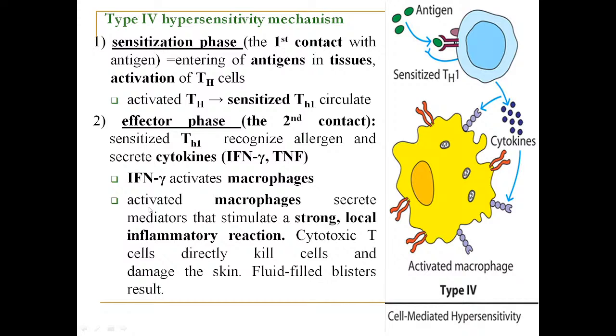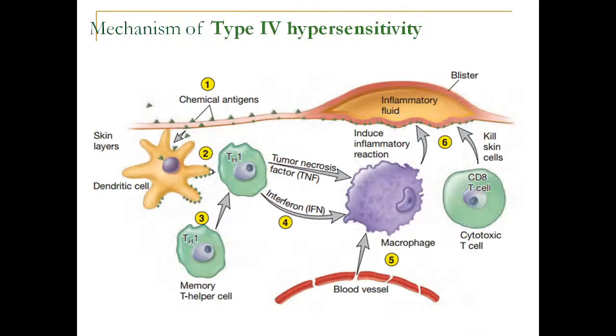Activated macrophages secrete mediators that stimulate a strong local inflammatory reaction in the site of allergen injection. Cytotoxic T cells are also activated by Th1, you remember, CD8 cells. They directly kill cells of human tissues and damage the skin. Fluid-filled blisters result.